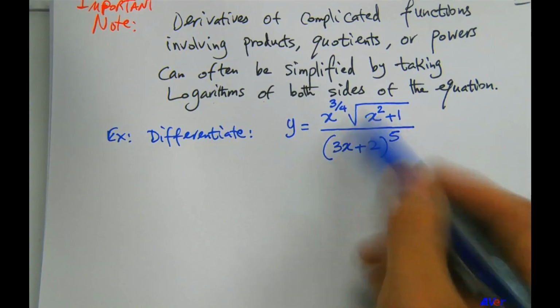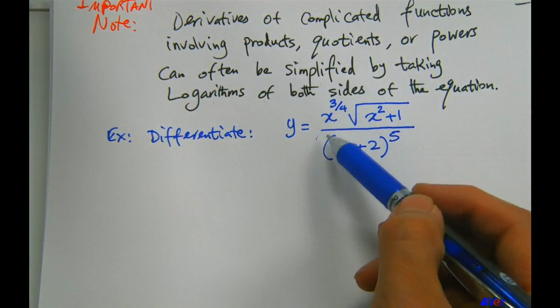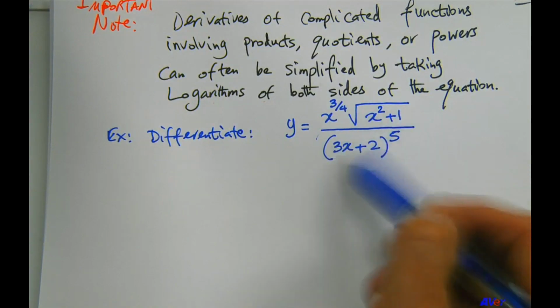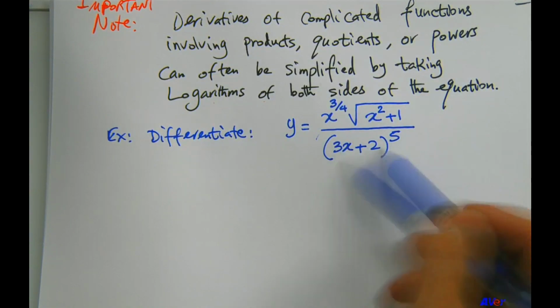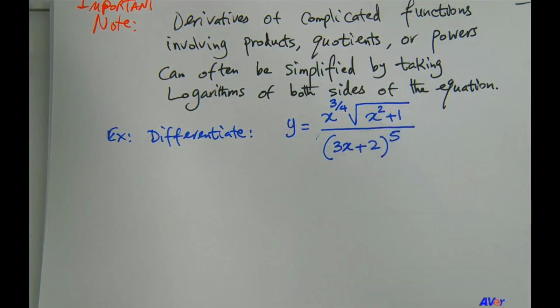Okay, this is a rather complicated expression. You have a power function here, you have a square root function, you have another binomial to the 5th power in the denominator. So it's not an easy expression to find the derivative for.